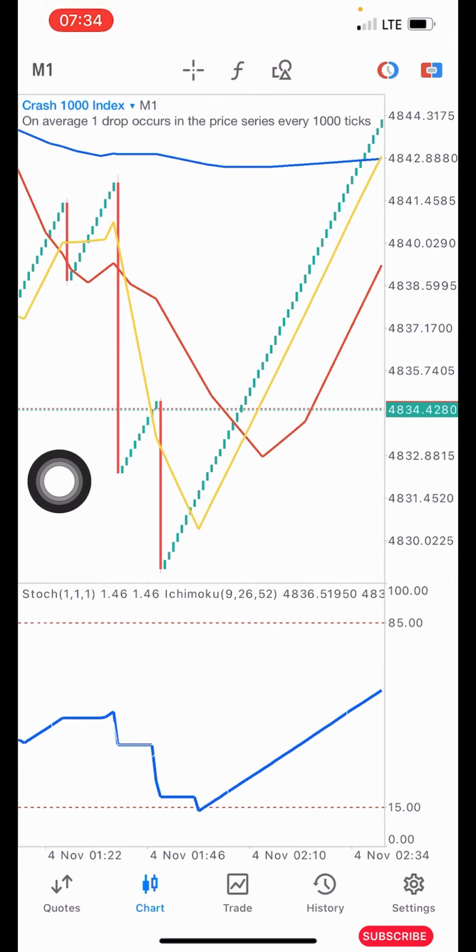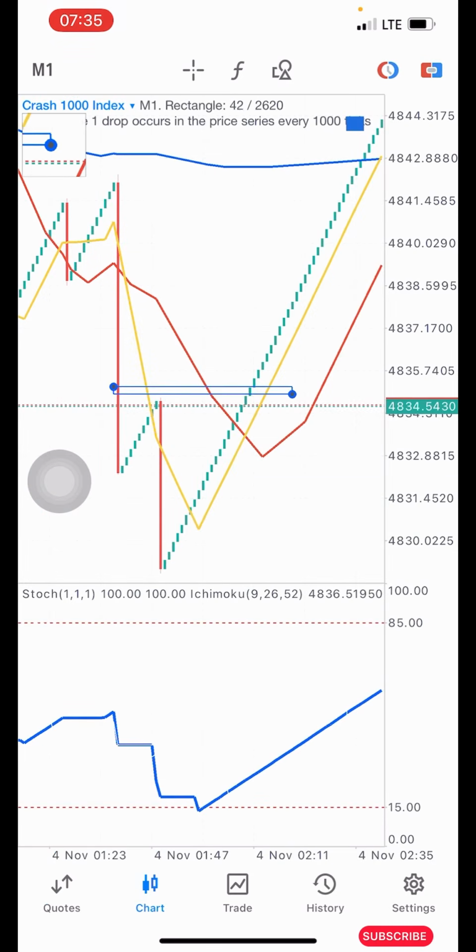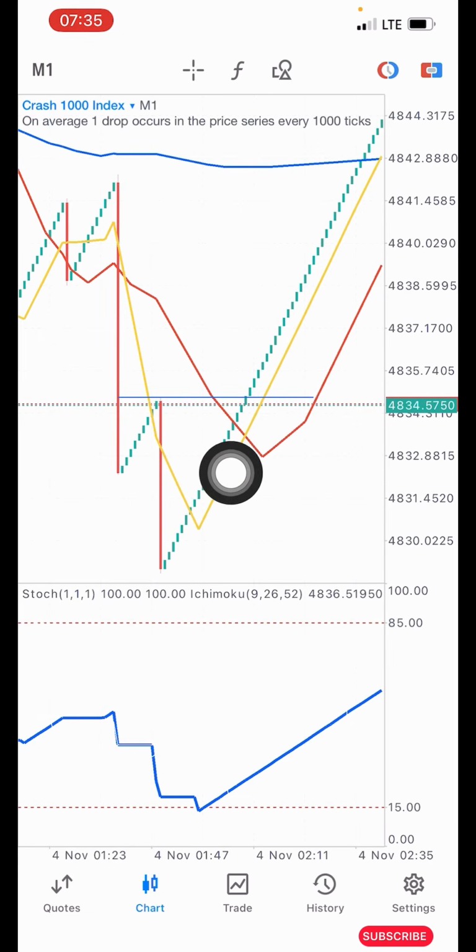Now again, this strategy has multiple opportunities for you to make money. Another method you can apply is the break of structure. You wait for price to break above the most recent structure the market made.